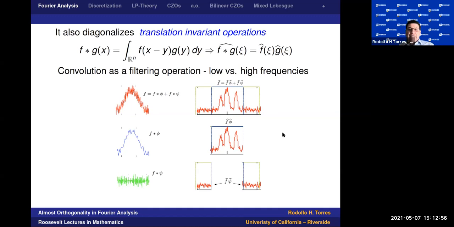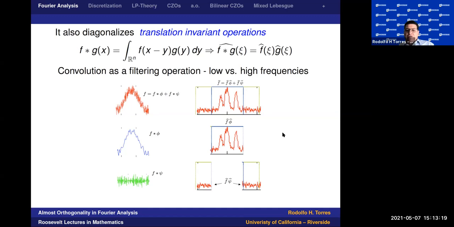So here I have a function f in red, which has some predominant shape and then all this noise around it. And I take the Fourier transform, so I move to the other side. This is the frequency domain, and I get the Fourier transform. That's another function, red here. And then I make this decomposition.